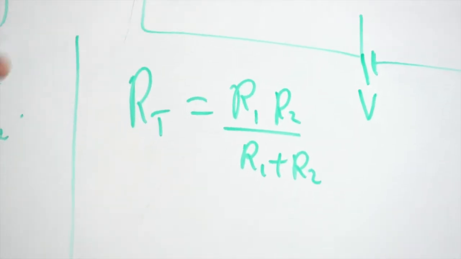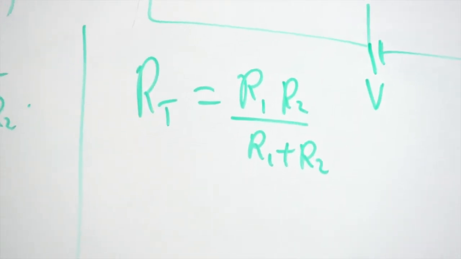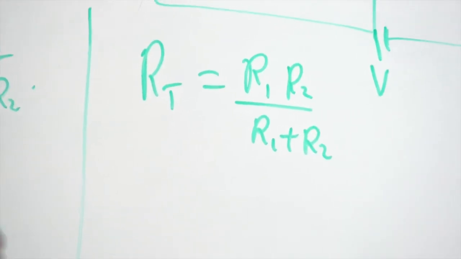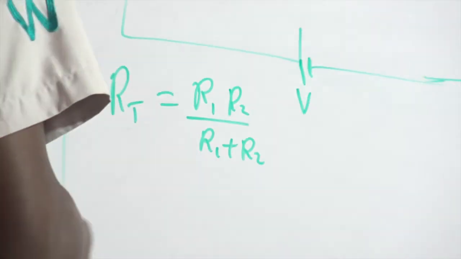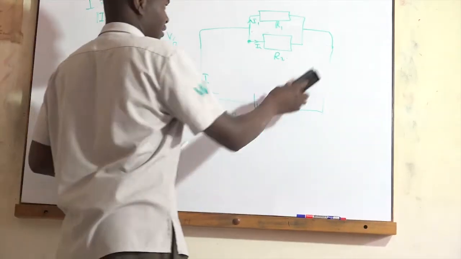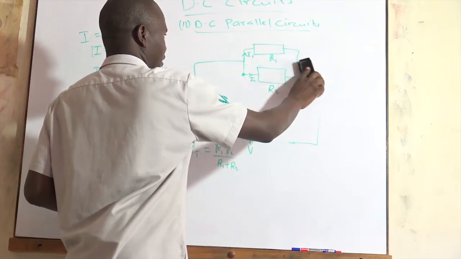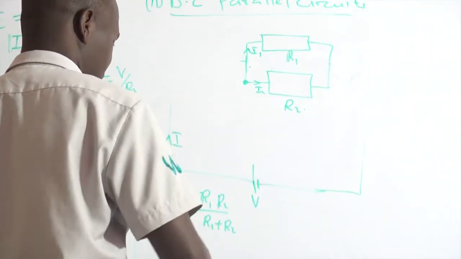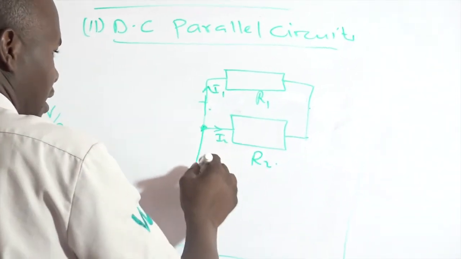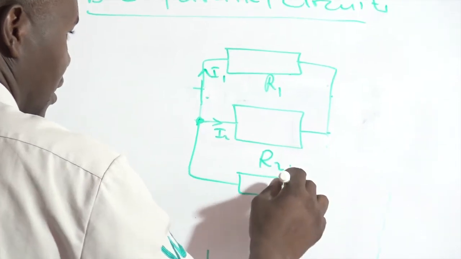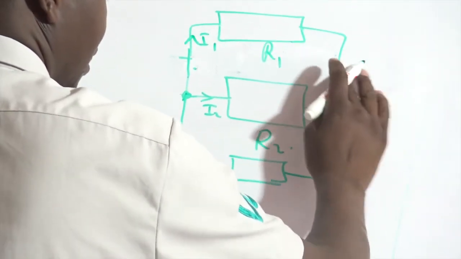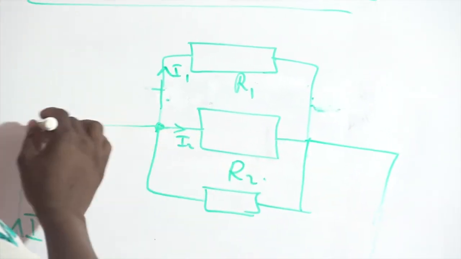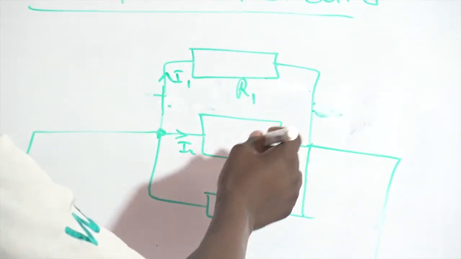But they are the same. If you use this, still you arrive at the same answer. For example, if we have three resistors in parallel, and their values are being given.